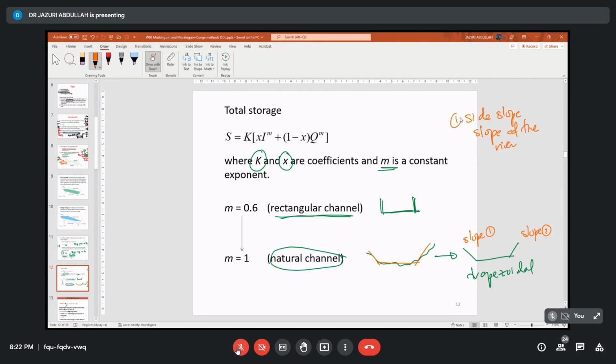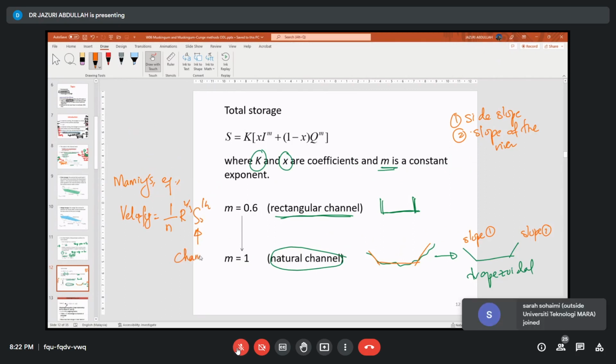Okay, so these are two different slopes. And in the Manning equation, the velocity equals 1 over n, R to the power 2/3, S to the power 1/2. Okay, so this slope refers to the channel slope. Channel slope refers to item number 2. Okay, so this is the one that you have to refer to, not the side slope.